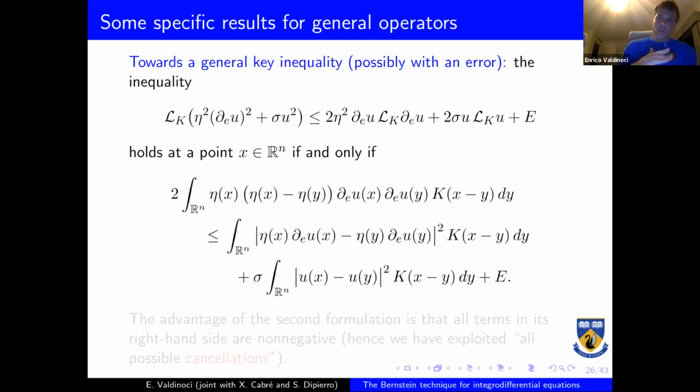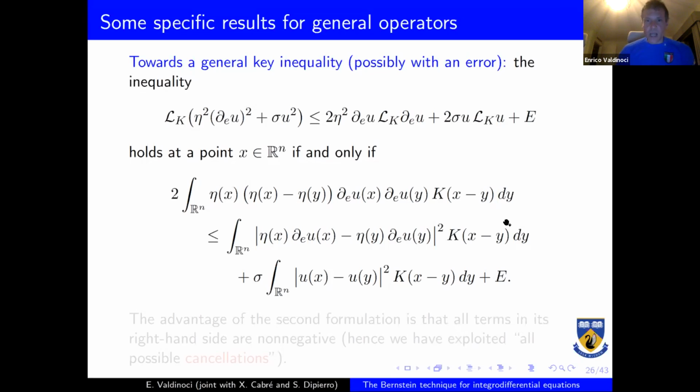So one of the important observations to produce this kind of key inequalities is that this key inequality at some point is equivalent to another inequality, which is maybe less pleasant to read because it's full of integrals, but has a structural advantage of having somehow removed the cancellations.